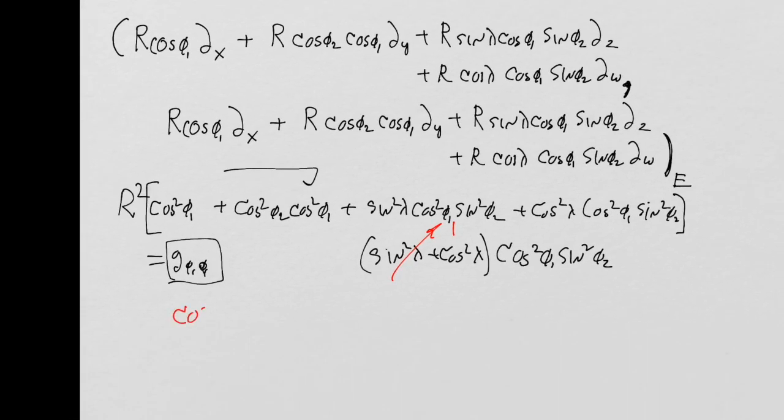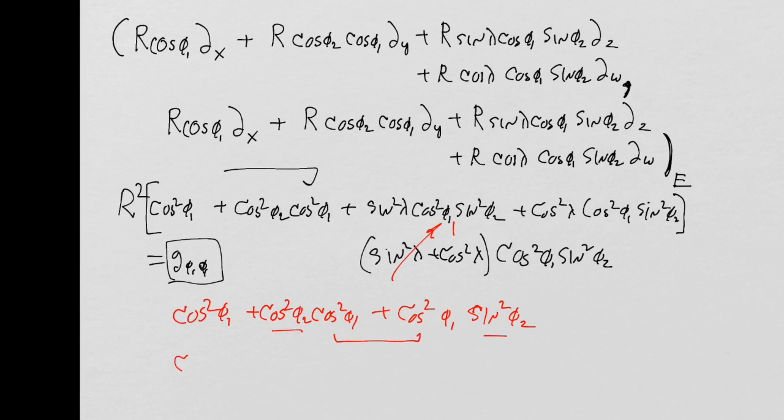It leaves me with cosine squared phi 1 plus cosine squared phi 2 cosine squared phi 1 plus cosine squared phi 1 sine squared phi 2. So now I see, oh look, I've got the cosine squared phi 1 as a factor of a cosine squared and a sine squared. So that becomes cosine squared phi 1 plus cosine squared phi 2 plus sine squared phi 2 cosine squared phi 1.